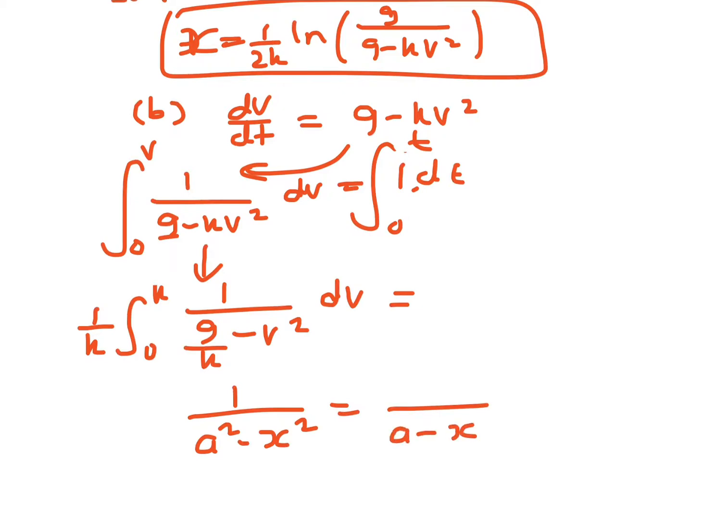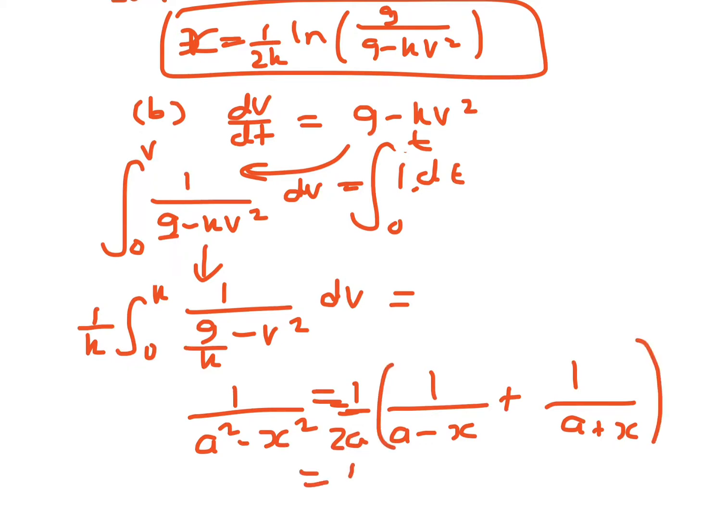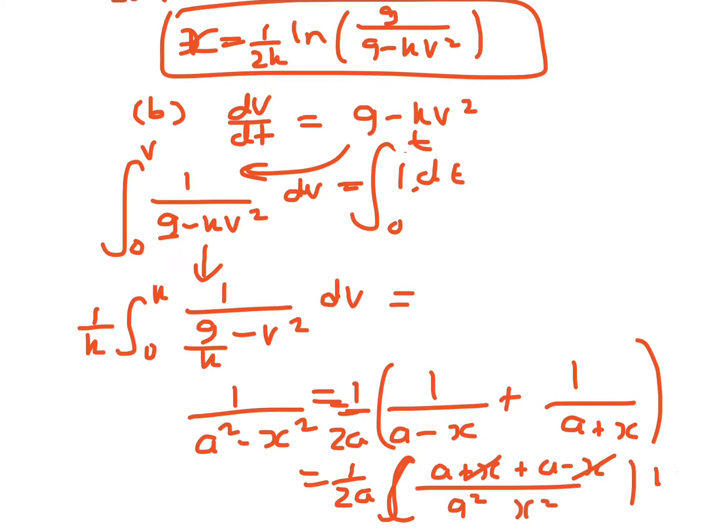So it's a minus x and a plus x. When you simplify it, if you put 1 on 2a, then I think that will actually give it to you. So it's 1 on 2a, and that's a plus a minus x over a squared minus x squared. See how it actually works out.